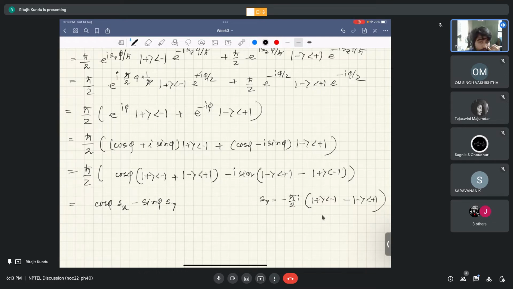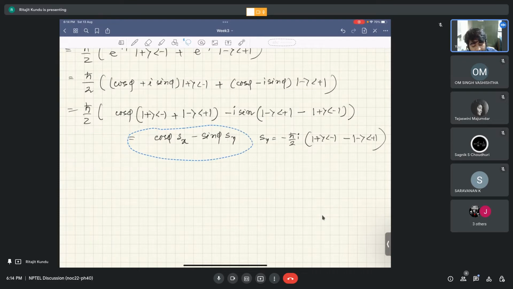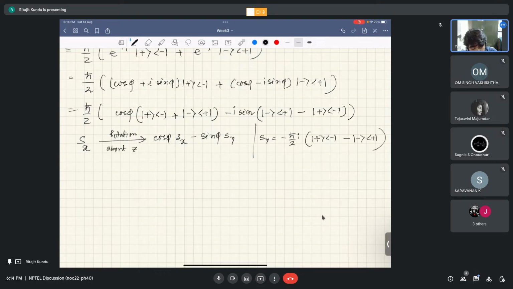So this is the form of Sy. Okay, so see what we have done. We have started from Sx, we have rotated it with respect to the z axis. Okay, so my Sx operator after rotation about z axis became something like this: cosine phi Sx minus sine phi Sy.